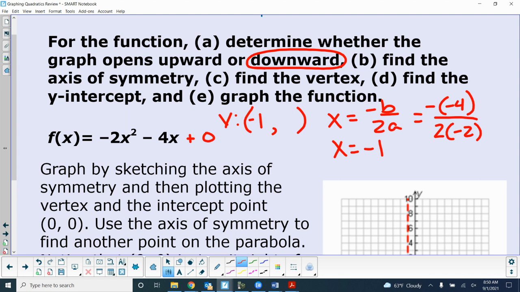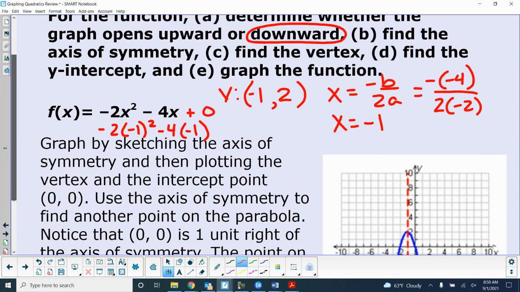How do I find the y value? Plug it in where? To the original equation or the original function. So to find my y value of my vertex, I'm putting negative 1 in for x. All right? So that's negative 2 plus 4, which is 2, right?